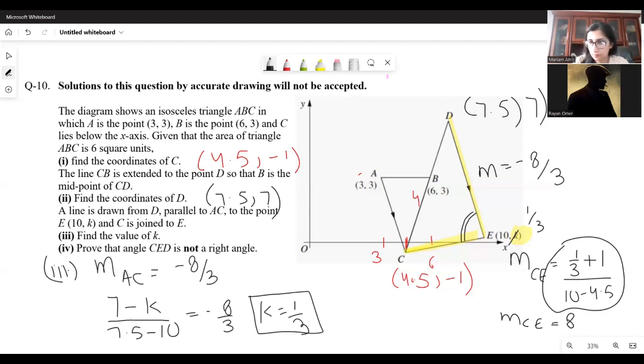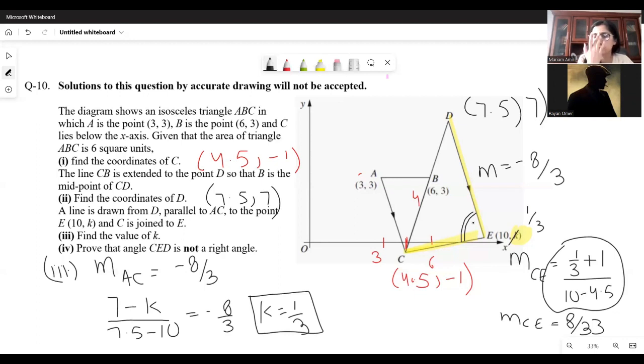Not something in decimals. You should get an exact answer. Miss, 8/33 is 0.2424.